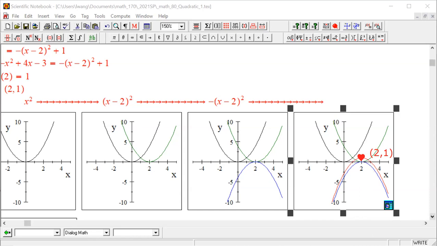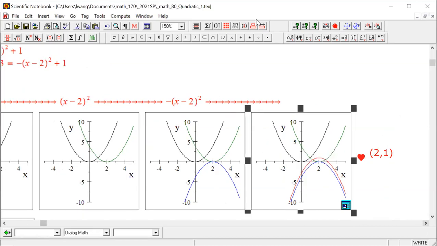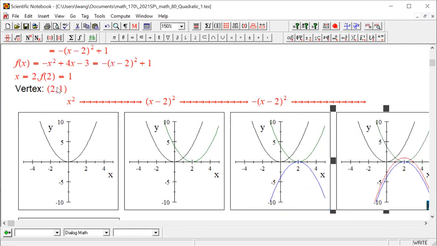Okay, so now here I'm going to have to shift it. Maybe I can write it down here. Clear all. So the vertex, as we saw earlier, when my input is 2, the output is 1, and that is the highest point.